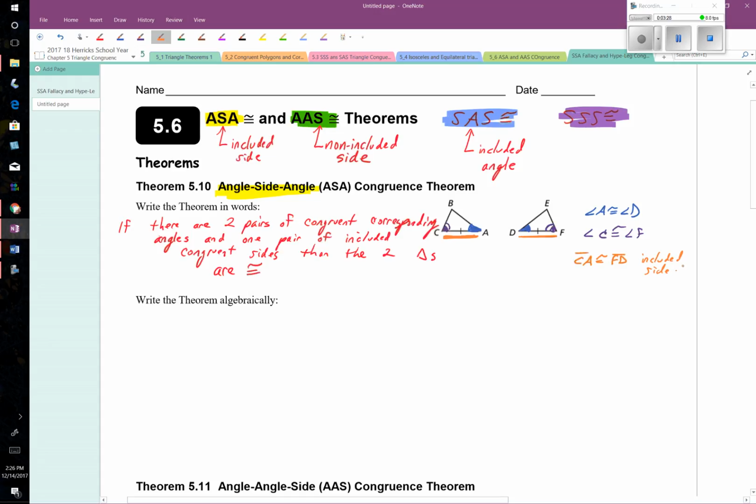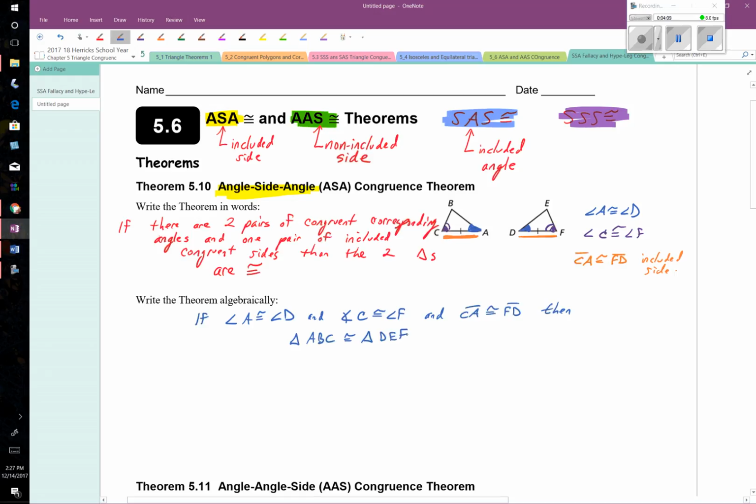Okay, so the way you'd write it algebraically using these example triangles: if angle A is congruent to angle D and angle C is congruent to angle F and CA is congruent to FD, then triangle ABC is congruent to triangle DEF.